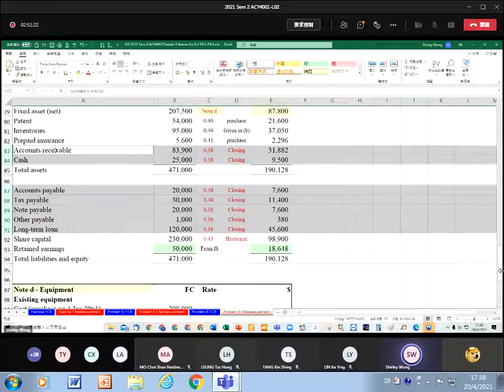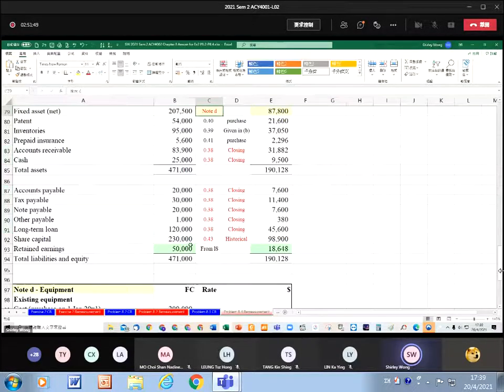Okay, so please input all the other items first, and then we will have a look at Note D. 咁你先抄咗呢個部分先，咁跟住我哋就會睇埋個 Note D 啦。Okay, so let's look at Note D.